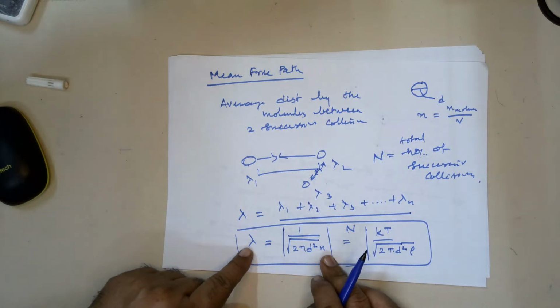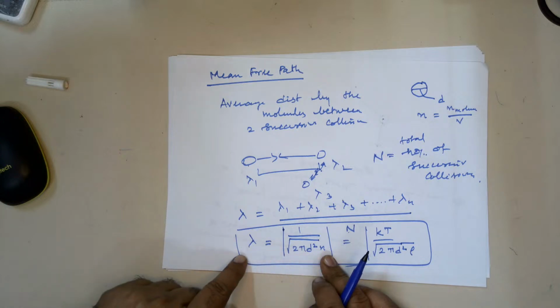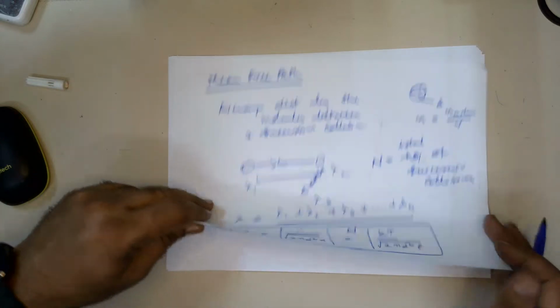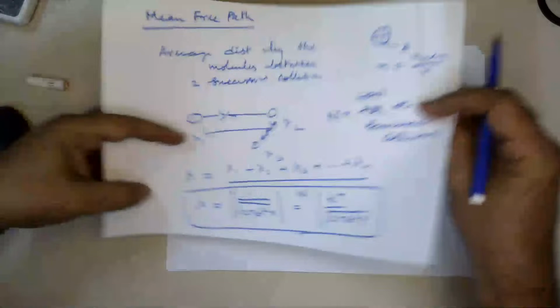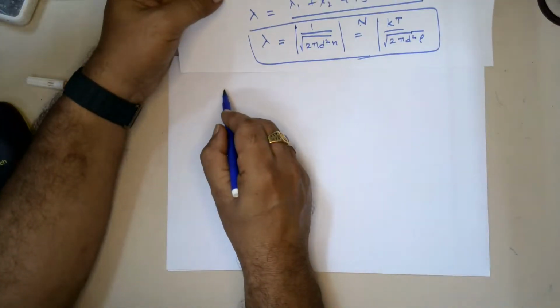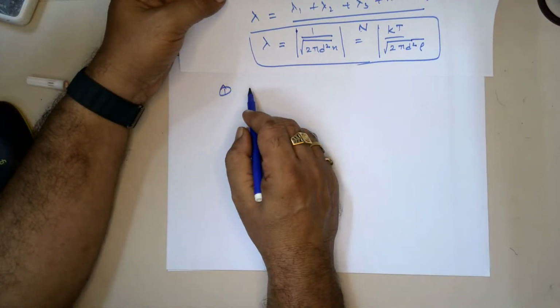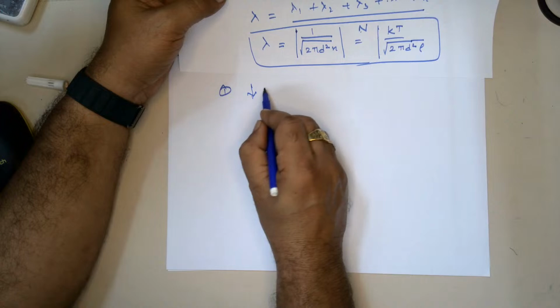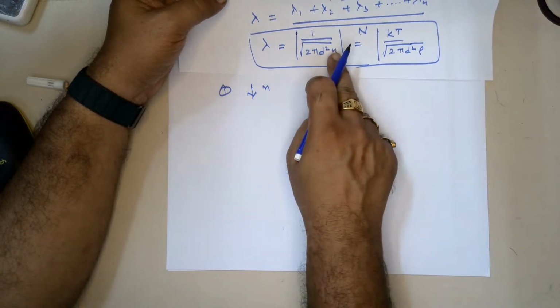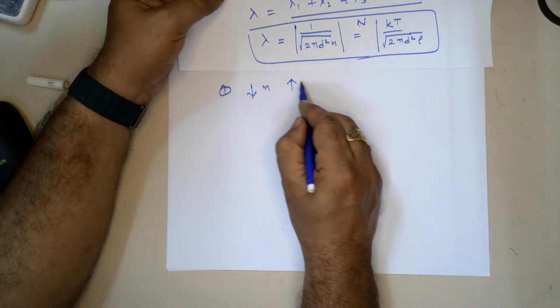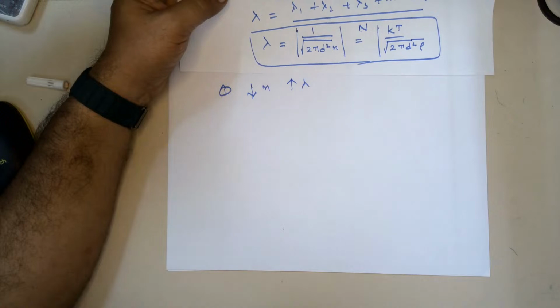The lambda is larger because it is inversely proportional. So, let us give the statements based on this equation. Statement 1, smaller the number of molecules, greater will be the mean free path.